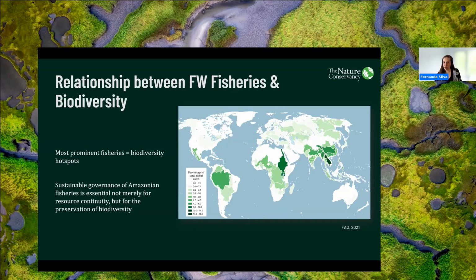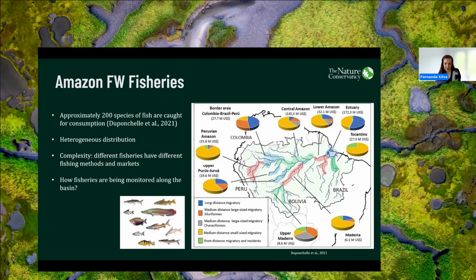Sustainable governance of Amazonian fisheries is essential not only to ensure food security for communities, but also to preserve aquatic species and different kinds of aquatic ecosystems there. And talking about freshwater biodiversity, the Amazon has an incomparable diversity of freshwater fisheries. Studies estimate that around 200 different fish species are caught for consumption.